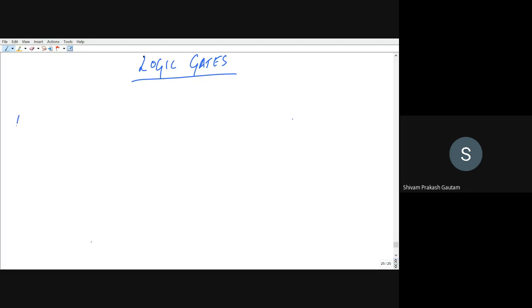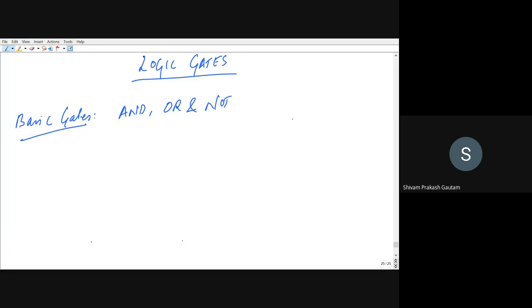So, basic logic gates. There are three basic gates: AND gate, OR gate, and NOT gate. These are three basic gates. We will see their operation and how they can be represented. We will see all those things.